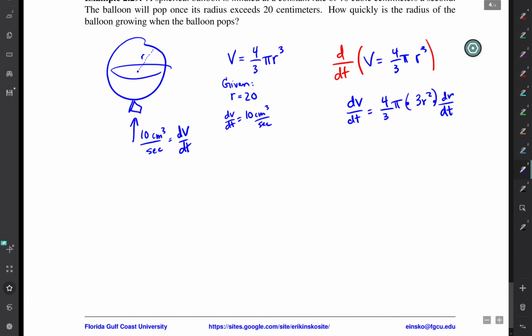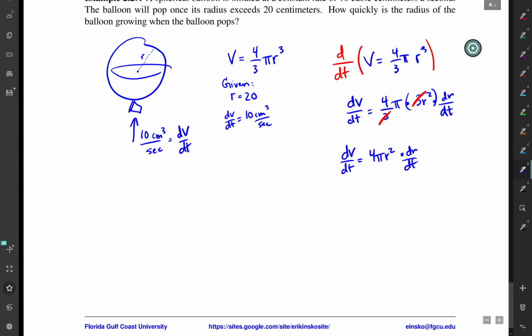Okay, so the 3's will cancel there. 3/3 cancels. So I'm left with 4 pi r squared dr/dt. So dV/dt is 4 pi r squared times dr/dt.